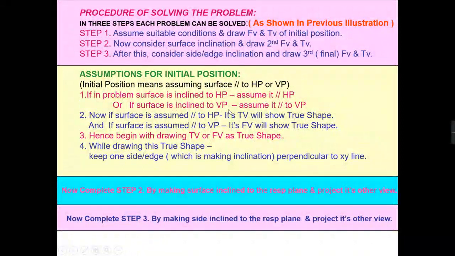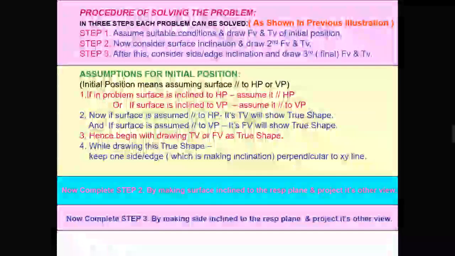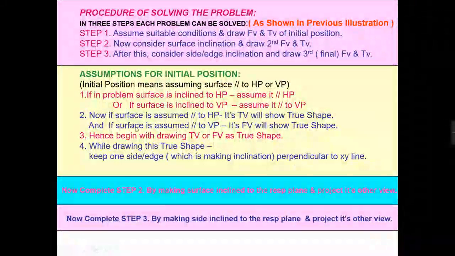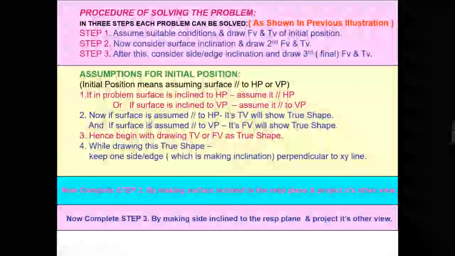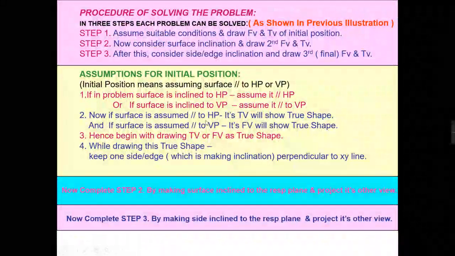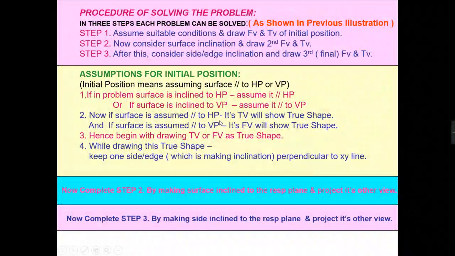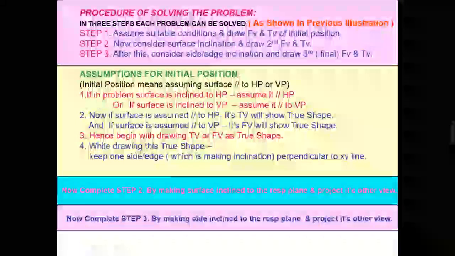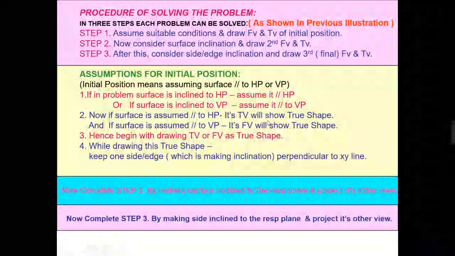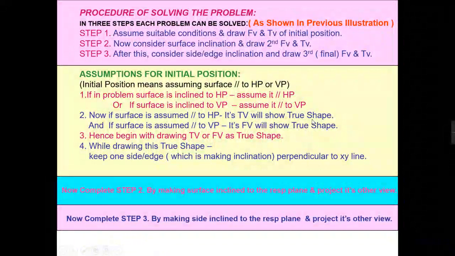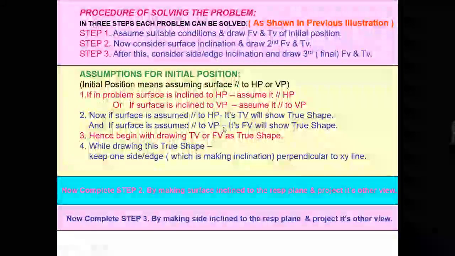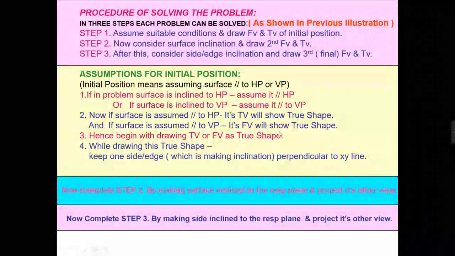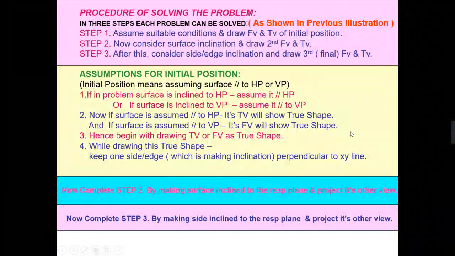If it is inclined to the vertical plane, then assume it is parallel to the vertical plane. After that, if the surface is assumed parallel to the horizontal plane, your top view will show the true shape of the surface. The similar way, if it is parallel to the VP, then in the front view you will get the true shape of the surface.